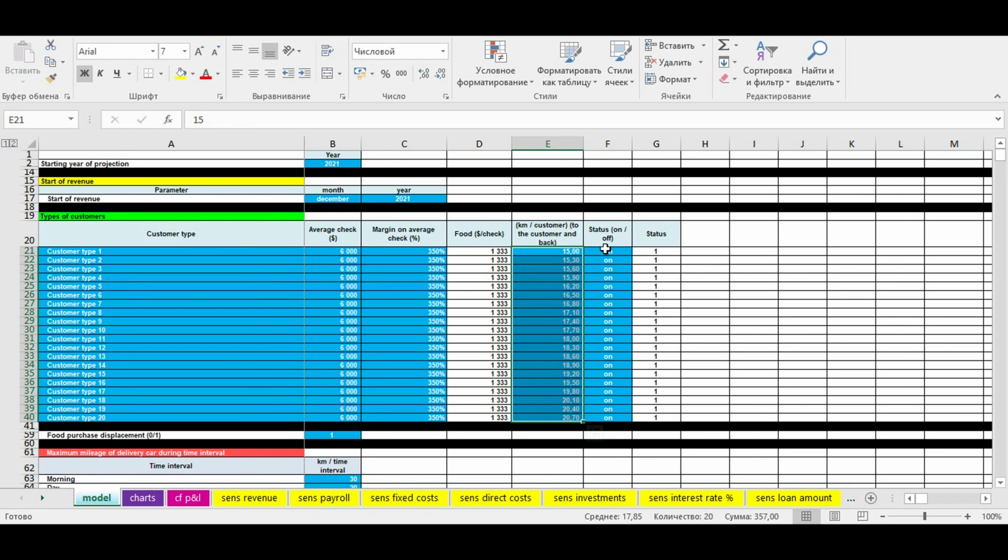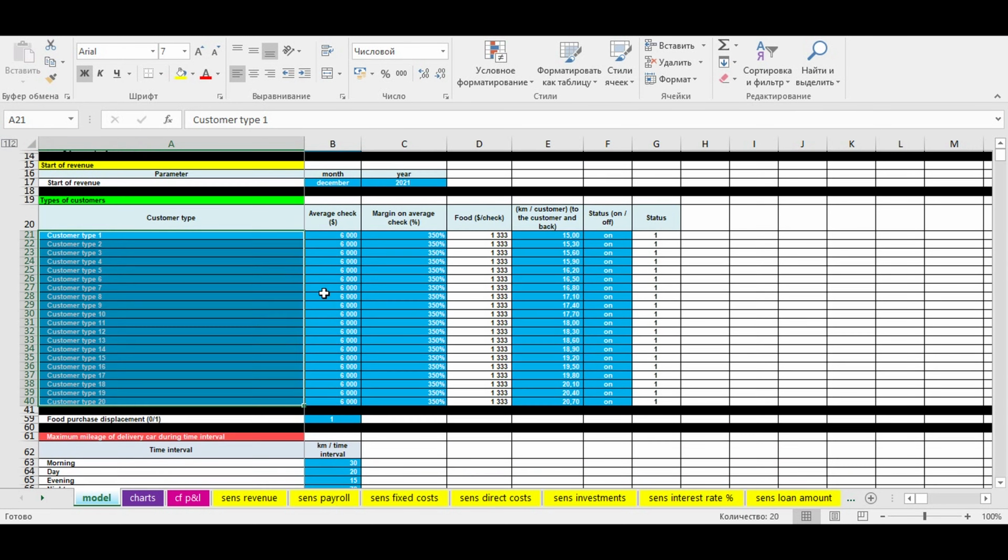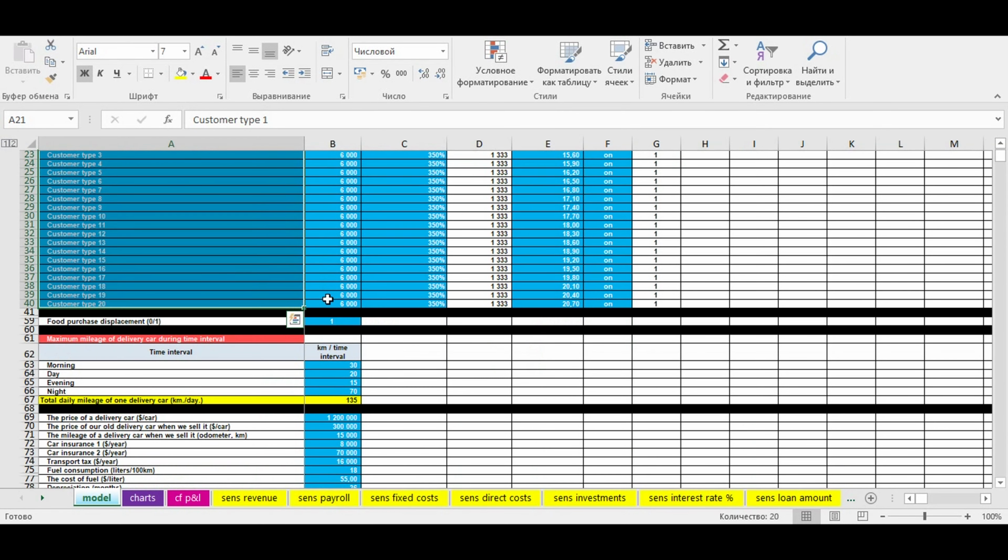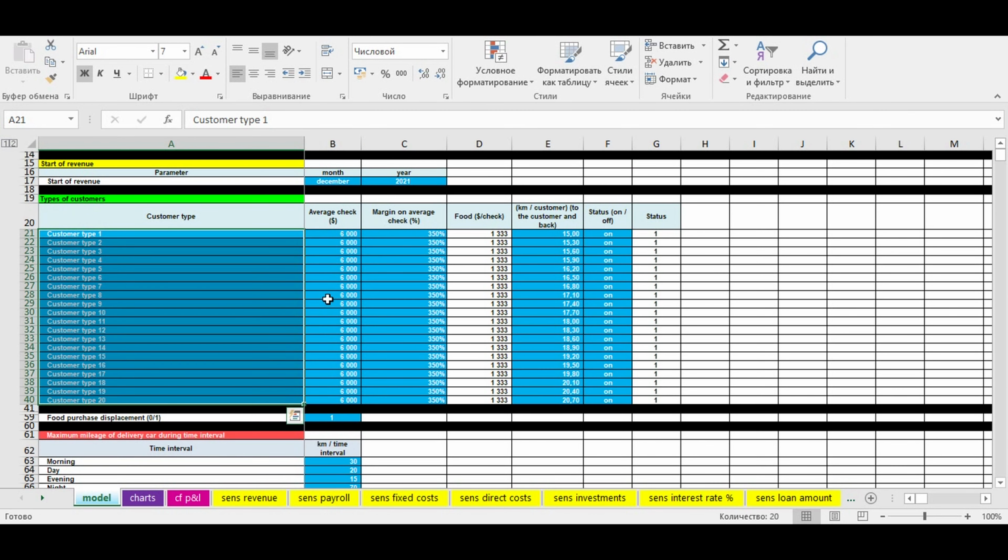Here, you have a switch on and switch off button, so you can include and exclude the revenue and expenses from this or that type of customer from your financial business model. This instrument is very helpful during future scenario analysis when you want to see the financial efficiency of your business idea with or without this or that type of customer.